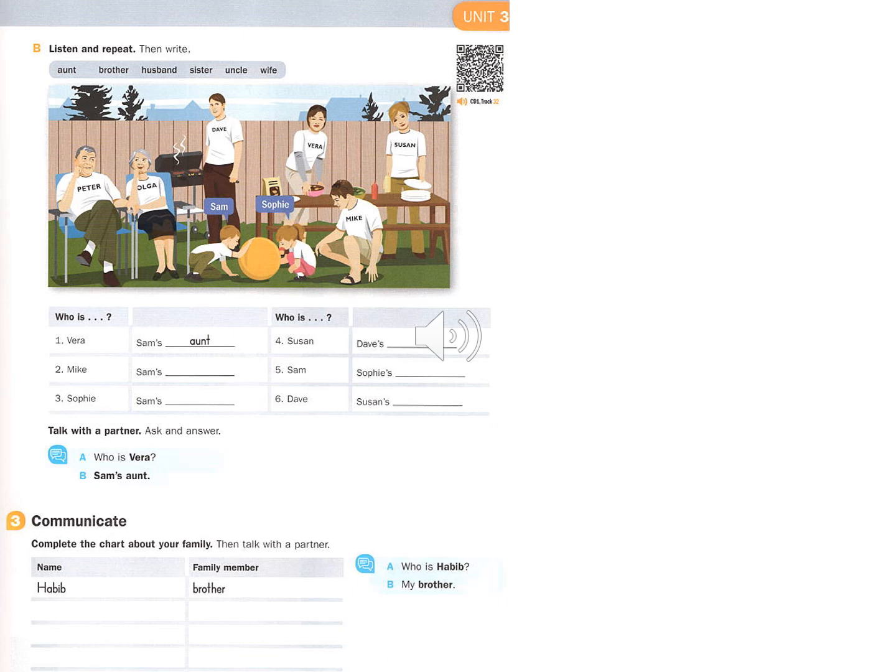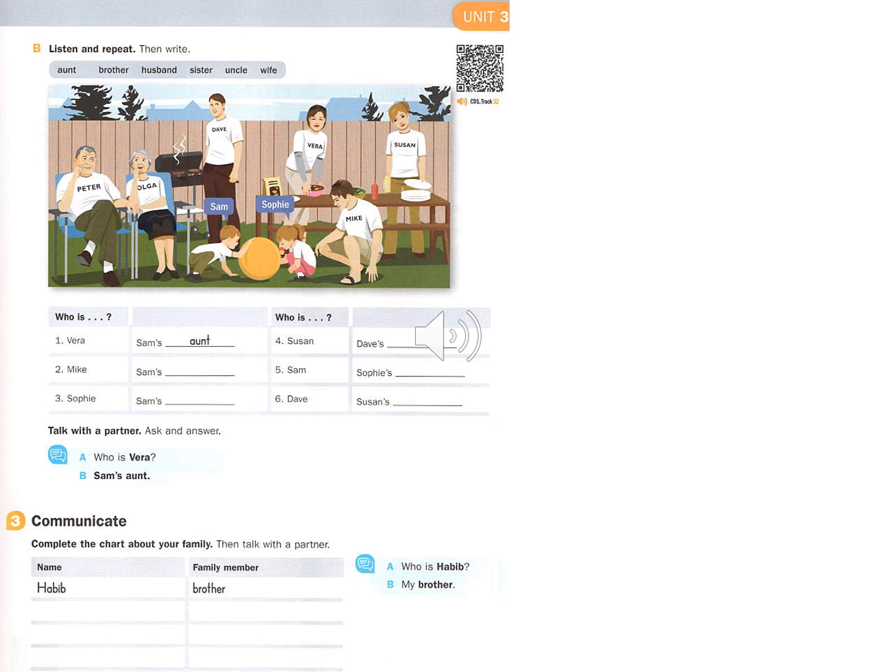But this chart is you. For instance, if I were going to fill it out, I have a sister and I have a brother. And under name, I would write my sister's name, and then I'd put family member that she's my sister. Next one, I would put my brother's name, and I would put that he's my brother.